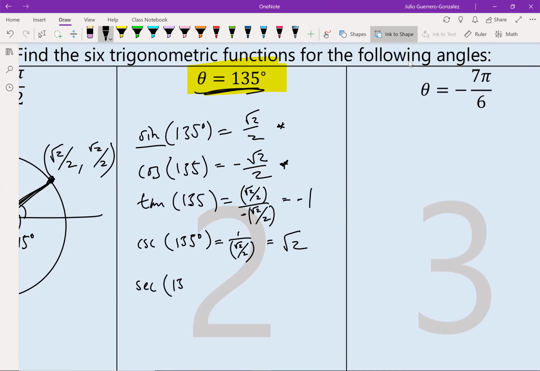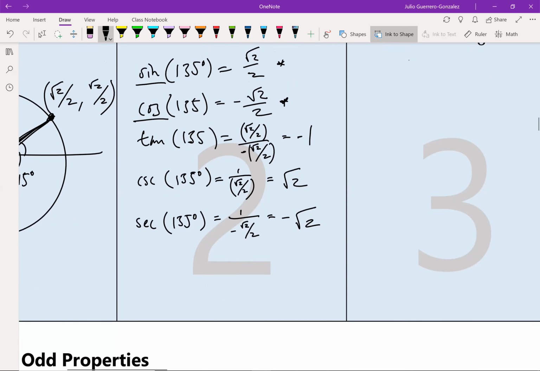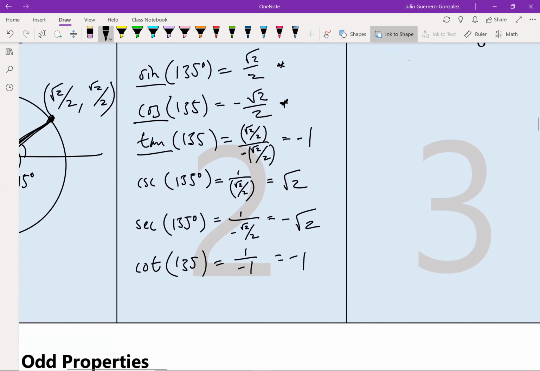Secant of 135 degrees is 1 over cosine, which is negative root 2 over 2, and that becomes negative square root of 2 if you do the math right. And then last, cotangent of 135 is 1 over tangent, which is 1 over -1, -1. There's all 6.